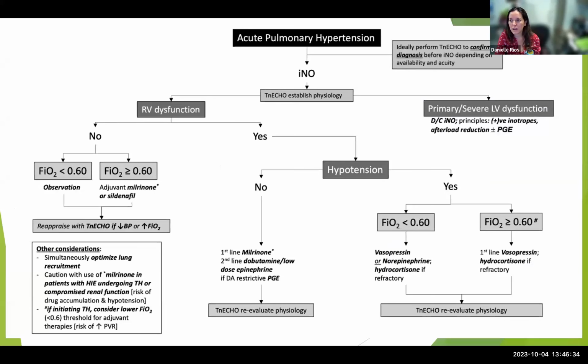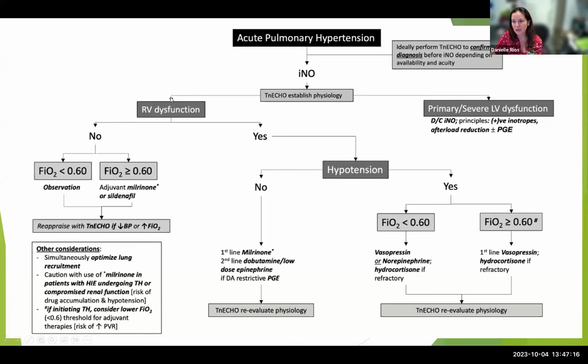So the paper that I sent out also had this little algorithm that I think is the starting point for everybody to kind of use. If you have what you consider to be acute pulmonary hypertension, the first thing that you should do is try to confirm that diagnosis and confirm that it's not actually LV dysfunction or increased pulmonary capillary wedge pressure or increased pulmonary blood flow that's causing the increased pulmonary pressures.